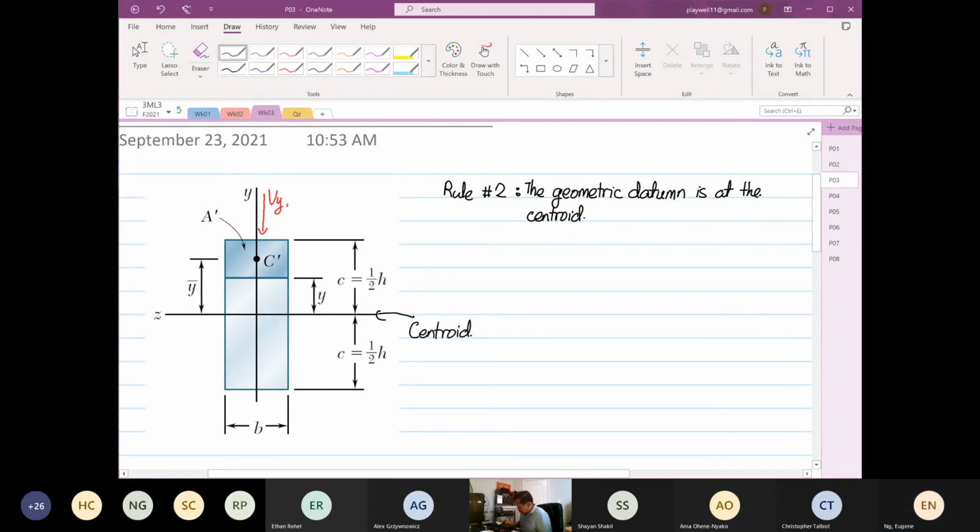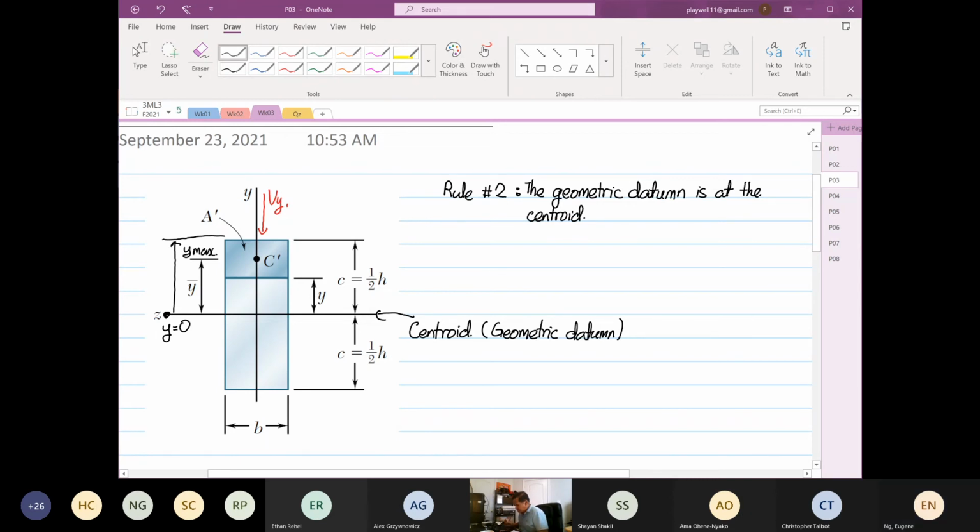The centroid is based on Vy, so the centroid is also our geometric datum. So at this point over here, Y is equal to 0, because it's a datum. And from here to here, this distance is our Y max.